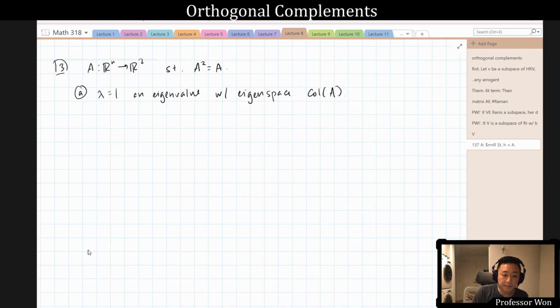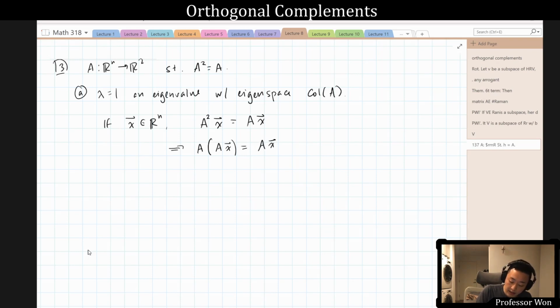Okay, and here's the point. The point is, if x is any vector in Rn, then if you look at A squared times x, since A squared is A, that's the same thing as A times x. Right, so what do you have? This means that you have A times Ax equals Ax.